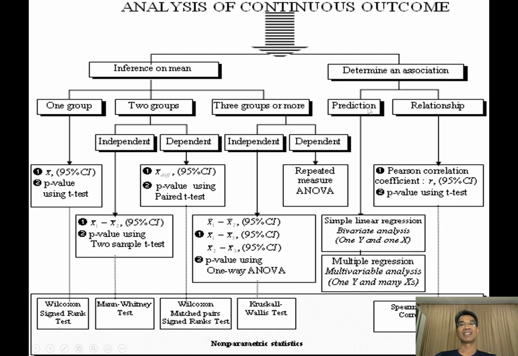If there is more than one group, there are further questions about independent or dependent, which we will talk about later. Dependency among observations is the issue here that needs different statistical methods to handle it.